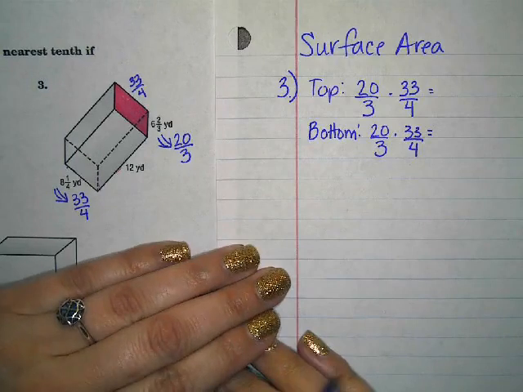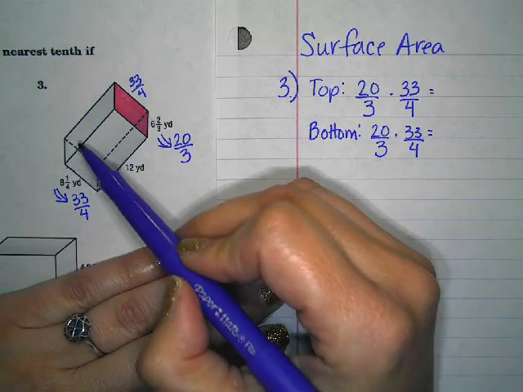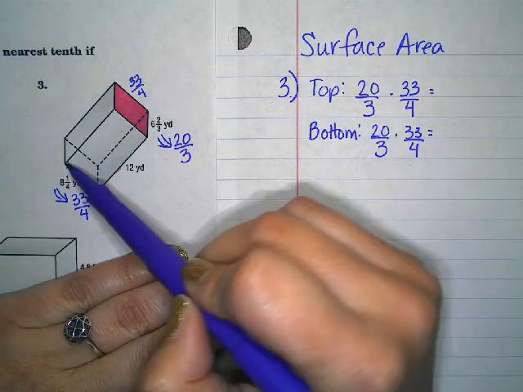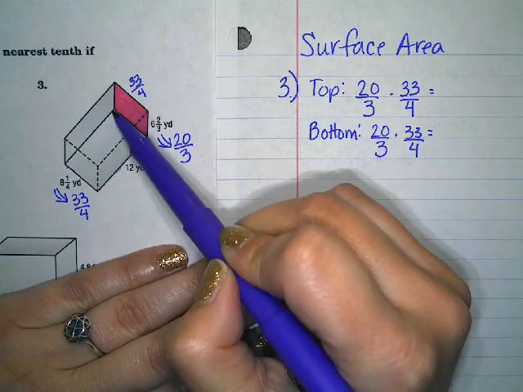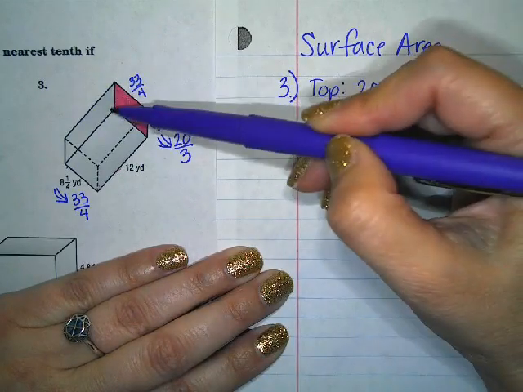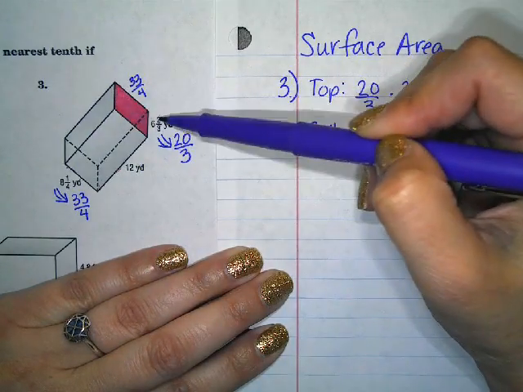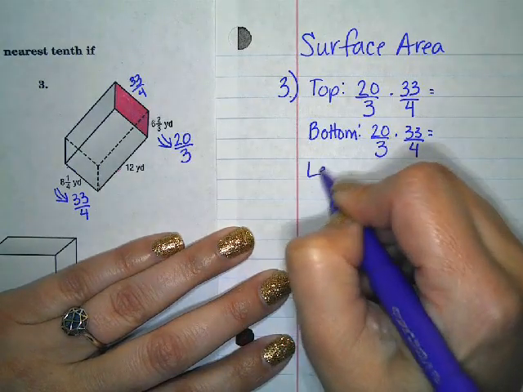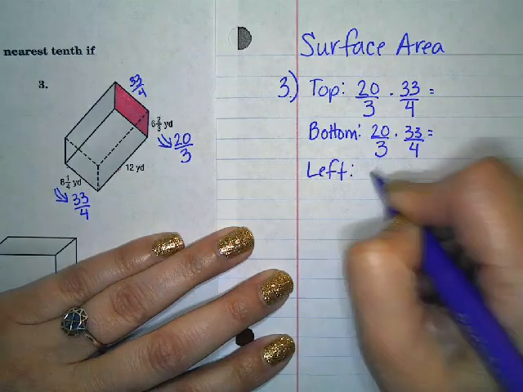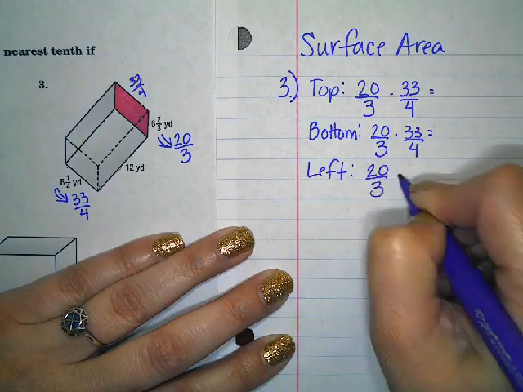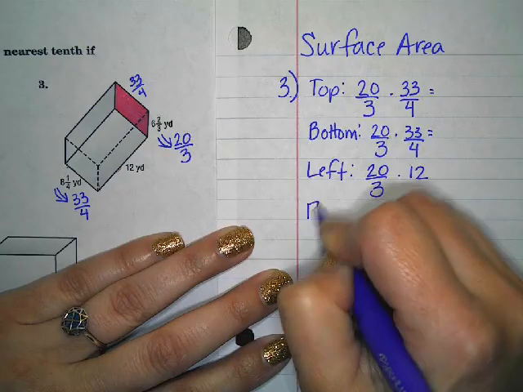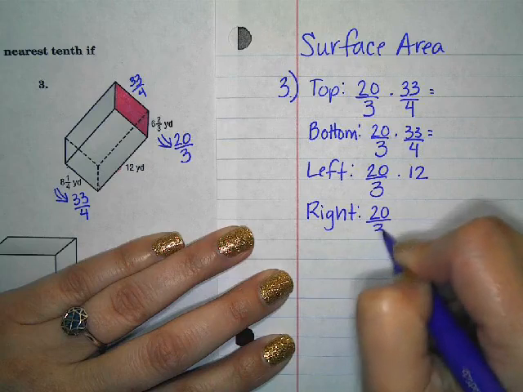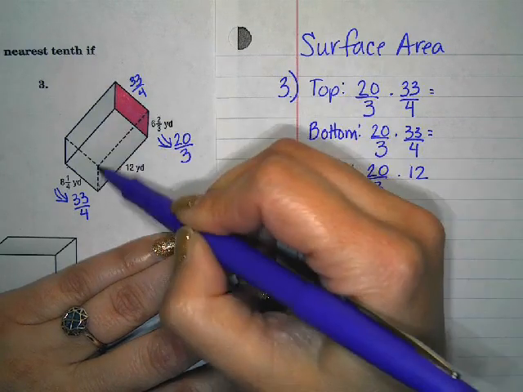For the left-hand side, which is this side right here, we have a length of 12 units, 12 yards, and then the width is the 6 2/3 or 20 over 3. So for the left-hand side, we have 20 over 3 times 12, and the right-hand side is going to be the exact same area, 20 over 3 times 12, because it's this rectangle right here.